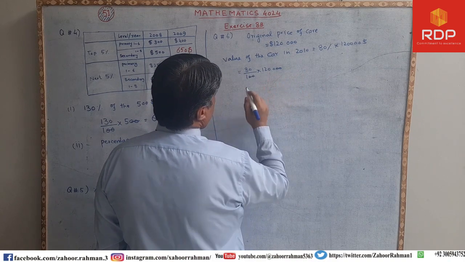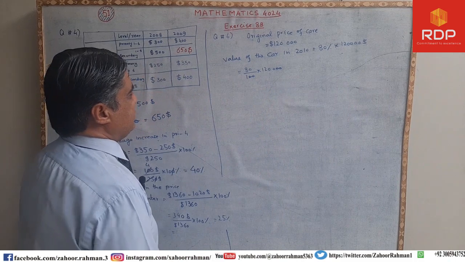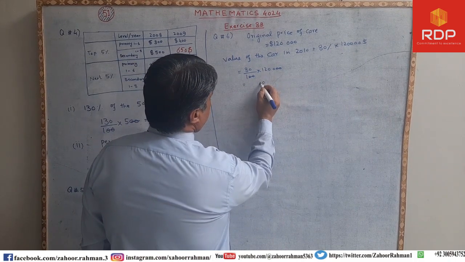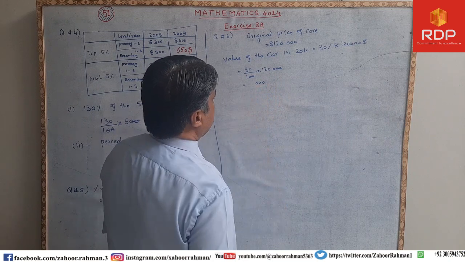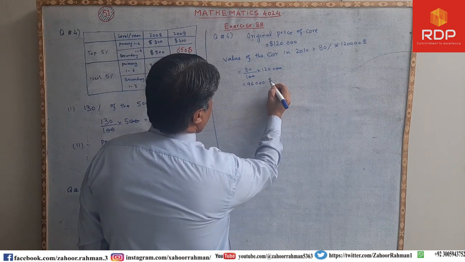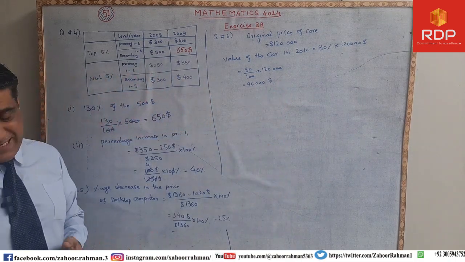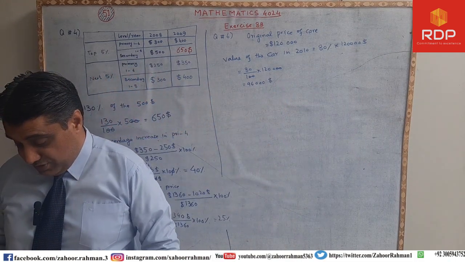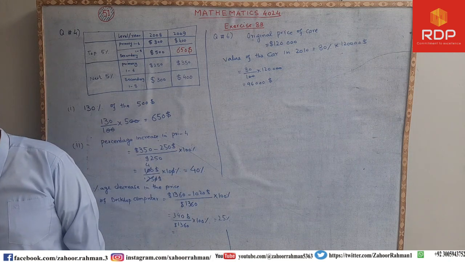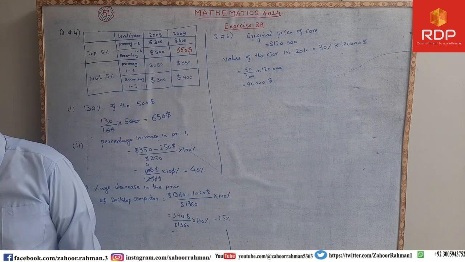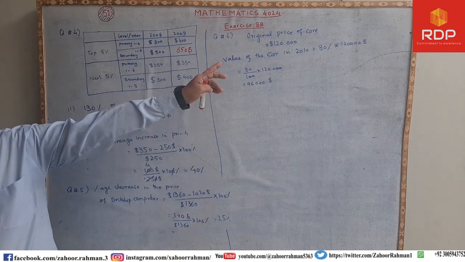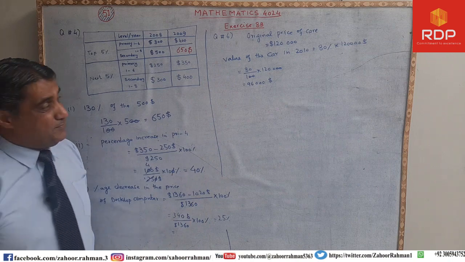These two zeros will be cancelled with this one, and when we multiply this, it will be $96,000.